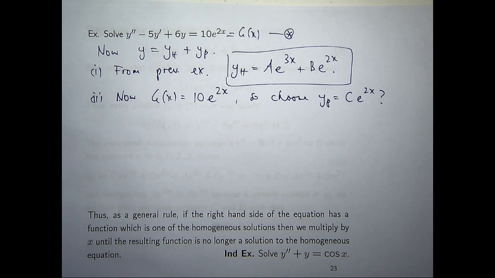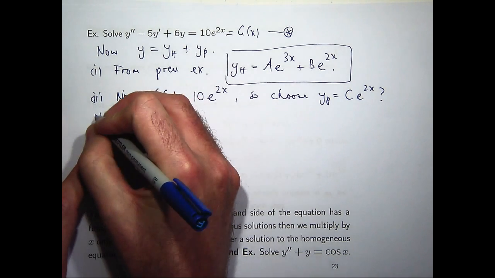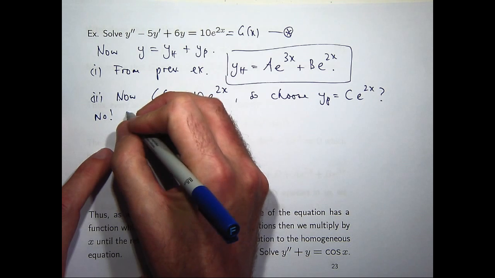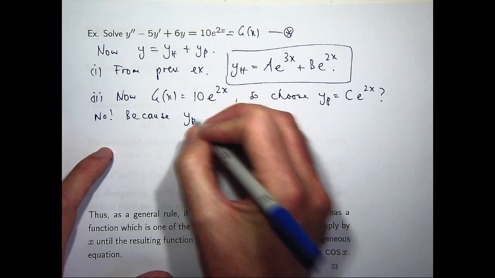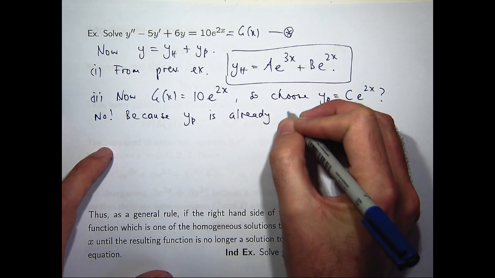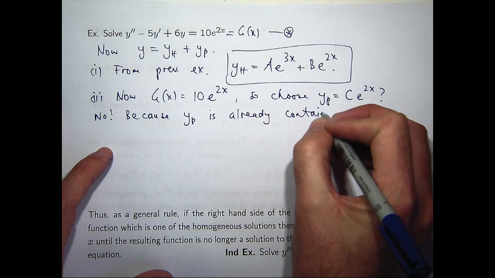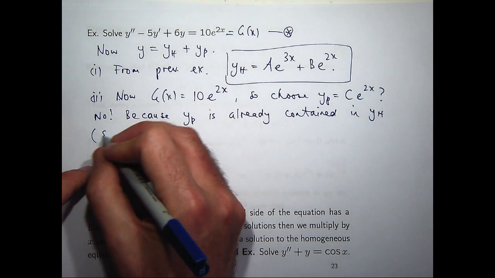So if I were to add these two solutions together, y sub p would not be bringing anything new. So this is not a good choice. No. Because y sub p is already contained in y sub h, and so it doesn't bring anything new.